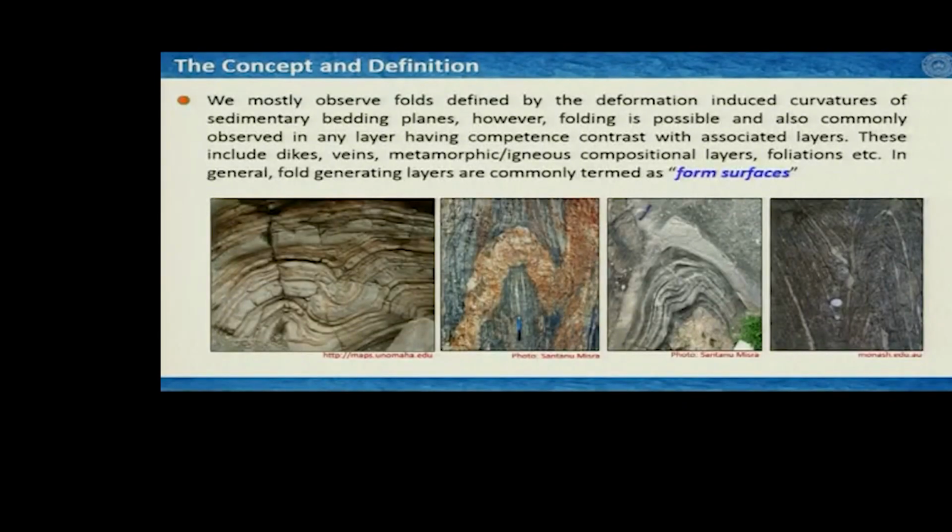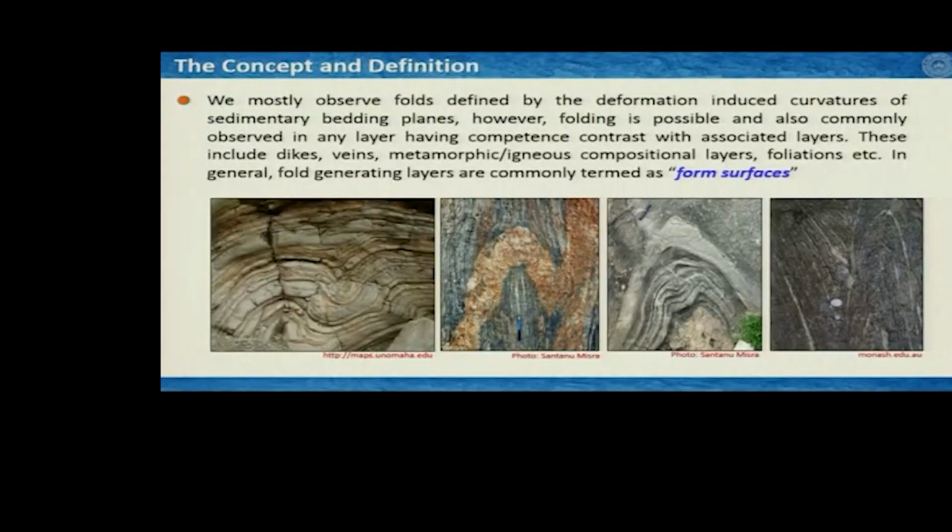So, with this we try to understand what defines a fold in this particular slide. Now, so far we have learnt about structural geology, or with some sort of information from other subjects, that most of the time we perceive that folds are defined by sedimentary layers, and I tell you this is very much true.